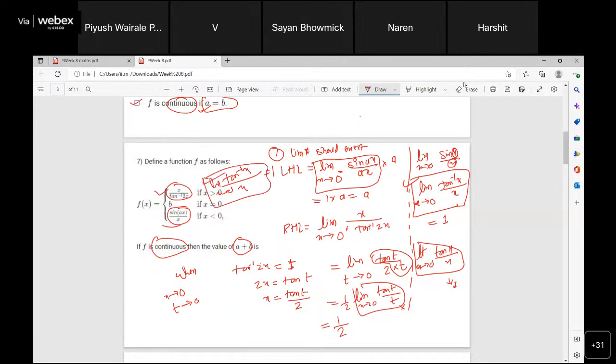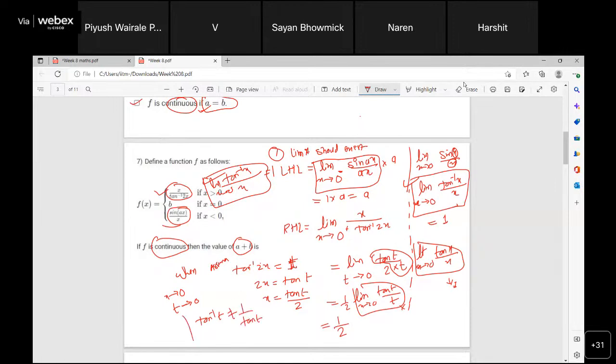Can you also explain how you derived 2x equals tan t? I have just assumed tan inverse of 2x equals t. Then tan inverse goes on this side and it becomes tan t. Tan inverse of t is not equal to 1 upon tan t.